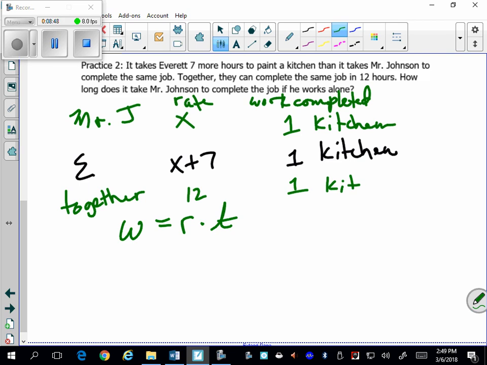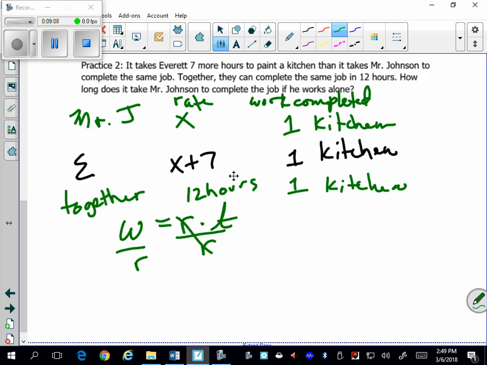So we have 12 hours total. So what I'm going to do is, 12 hours is time, so I'm going to divide by the rate to get it to be time, because the second part of the problem is talking about hours, time. So we want everything in time.